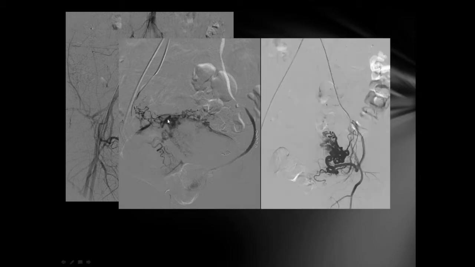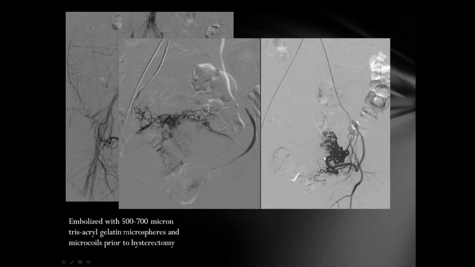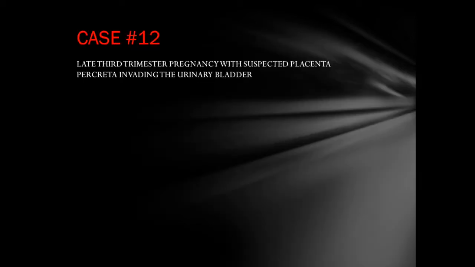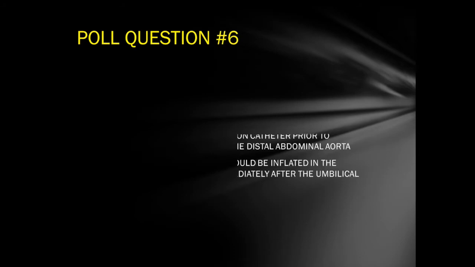Selective injection of the right and left show this to better detail. And post-embolization with Embosphere particles and microcoils in the uterine arteries results in devascularization of the uterus. The patient went on to hysterectomy uneventfully with no bleeding or transfusion requirements.